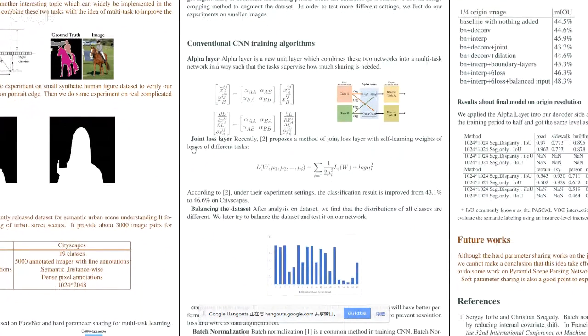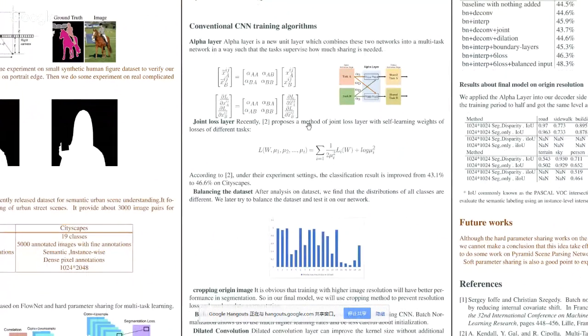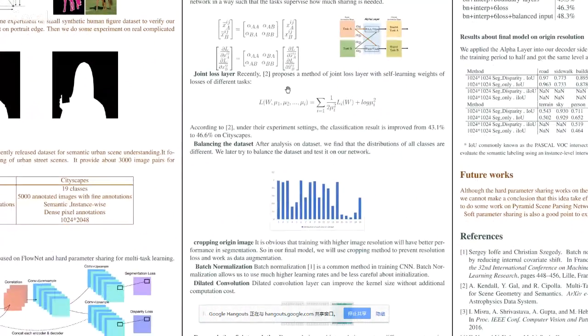Okay, next about the joint loss layer. The idea of the joint loss layer is to join the different losses together to minimize the sum. And in the paper, the researchers think that the output follows the Gaussian distribution, and they then compute such a formula to minimize the total loss.